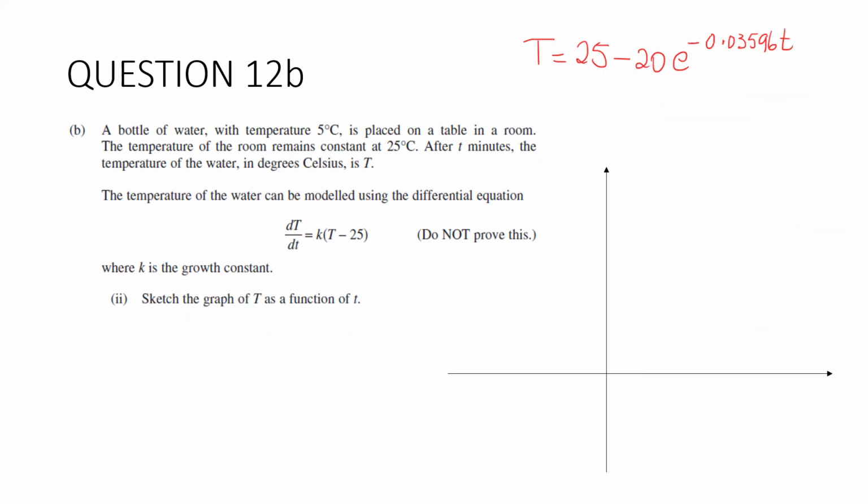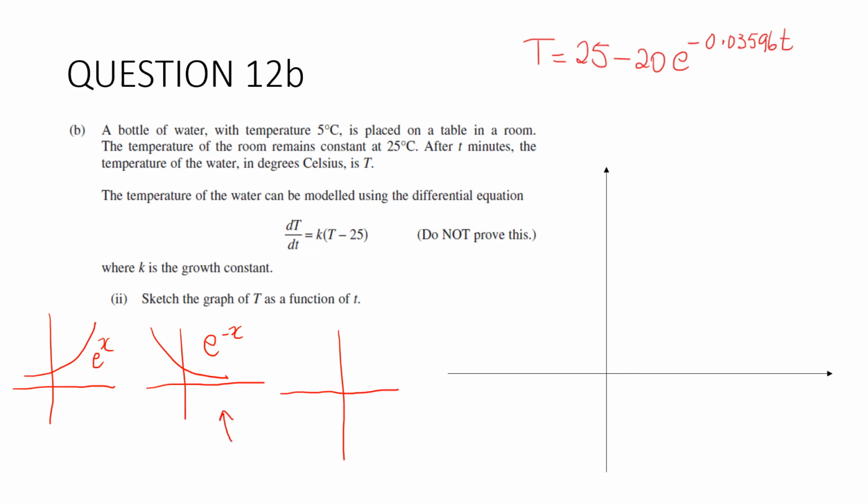Sketch the graph of T as a function of little t. Let's remind ourselves of what exponential curves look like. Here is e to the x. If we want e to the negative x, we are reflecting in the y-axis. And if we want negative e to the negative x, we're going to take this and reflect in the x-axis, like this.